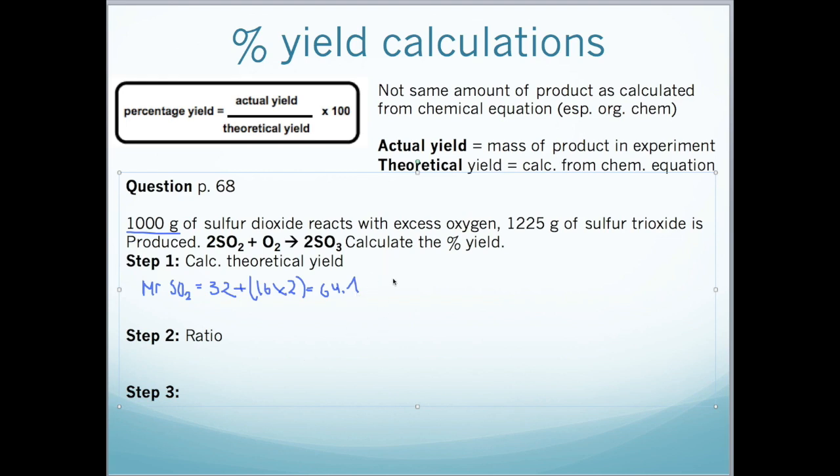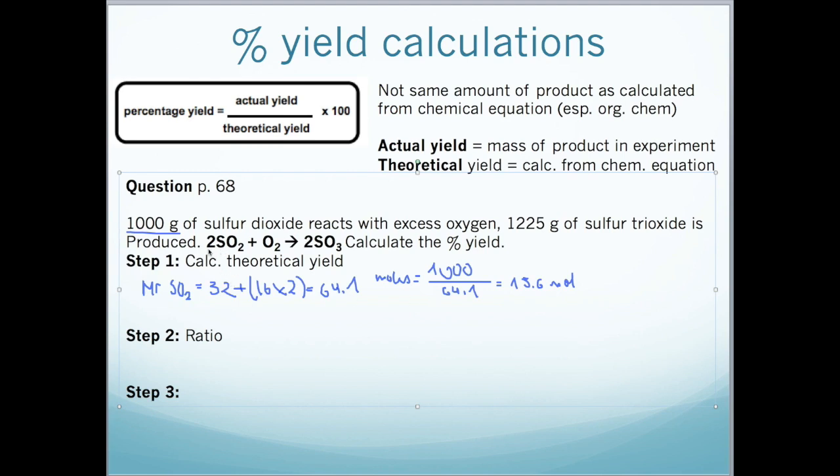To do that we divide the mass, which is 1000 grams, by the molar mass, which is 64.1. So the moles we get is 15.6 moles.